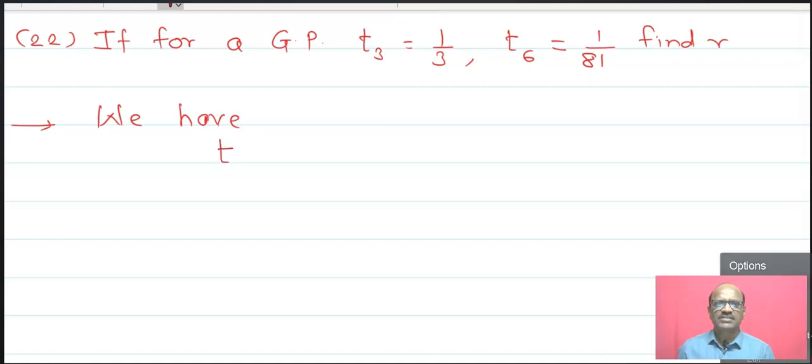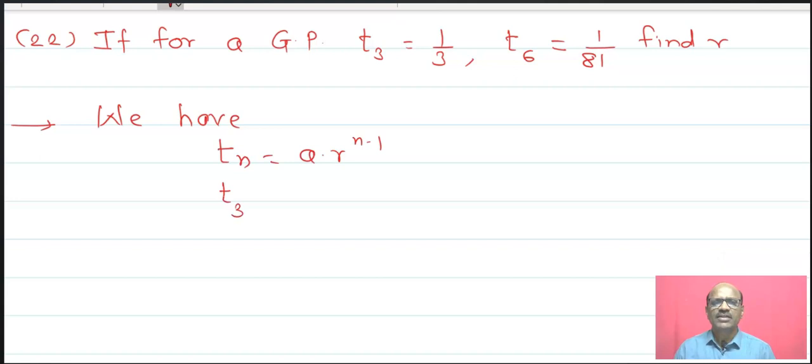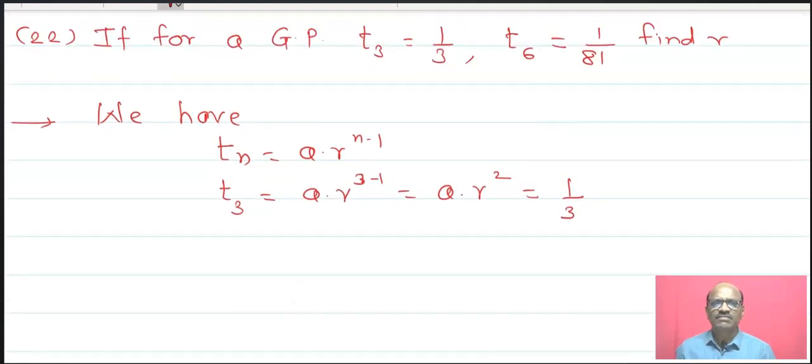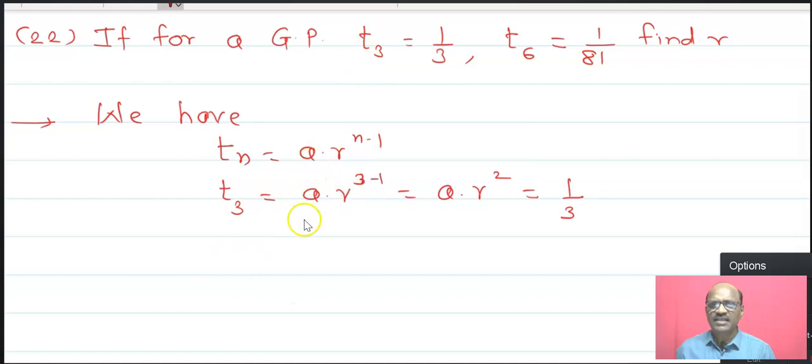T3 is given, hence we replace n by 3, that is A into R raised to 3 minus 1, which is AR square is equal to 1 upon 3.